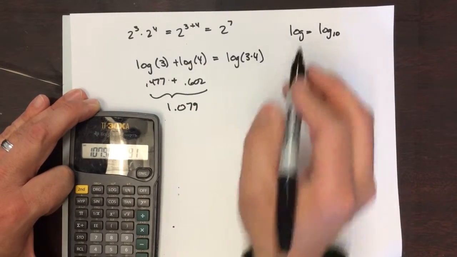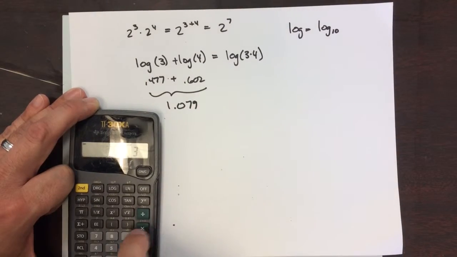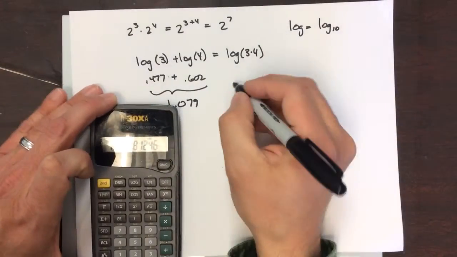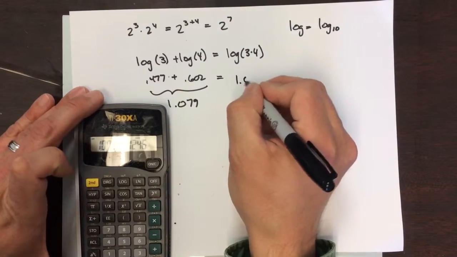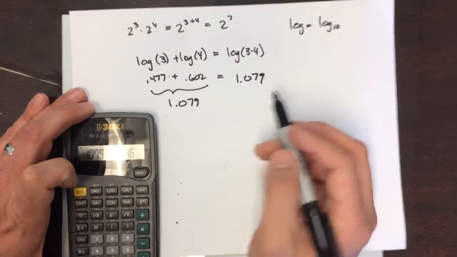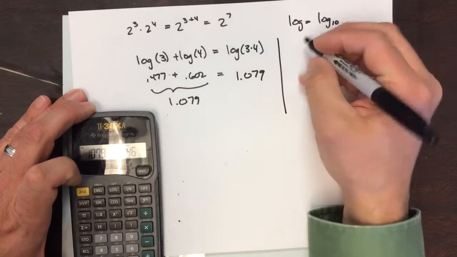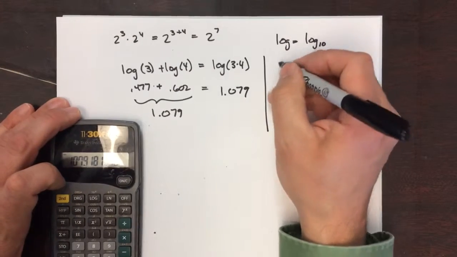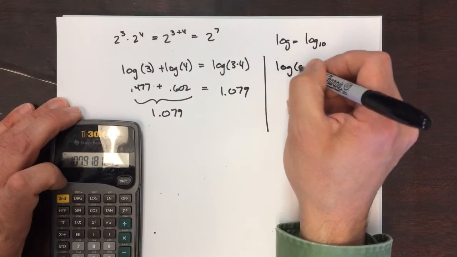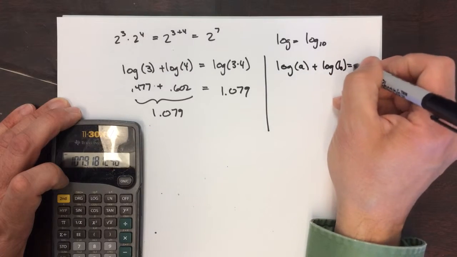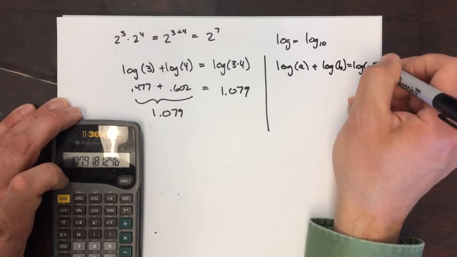And if we just take the log of 3 times 4, which is 12, of course, take the log of that, we get 1.079. So here is a useful trick or property of logarithms where the log of a plus the log of b is equal to the log of a times b.